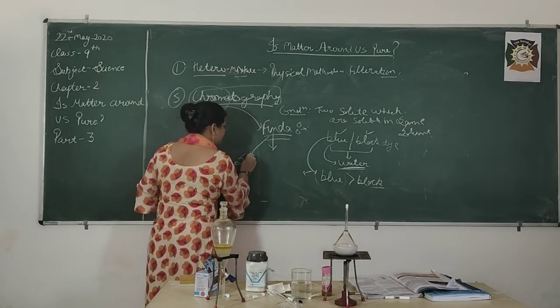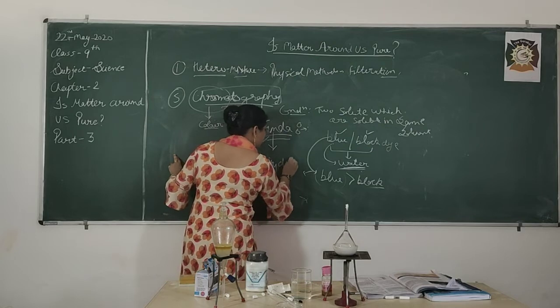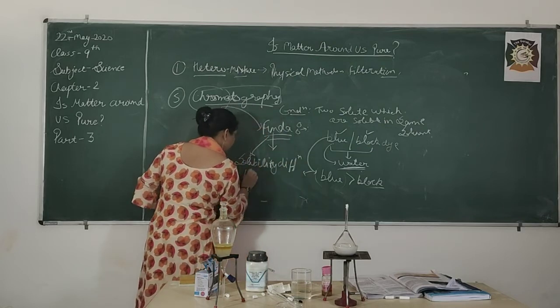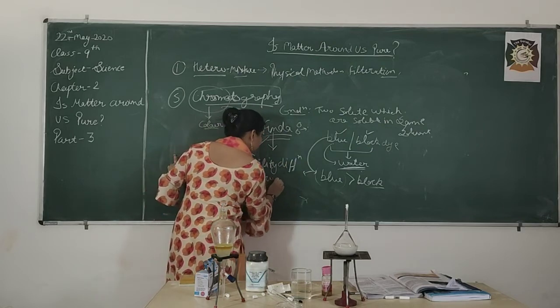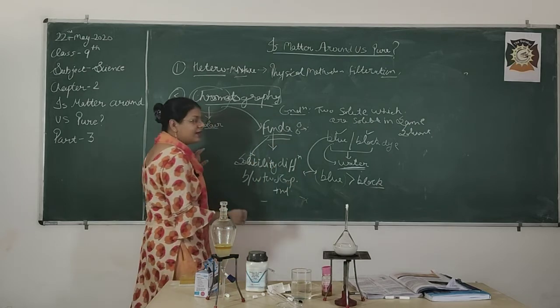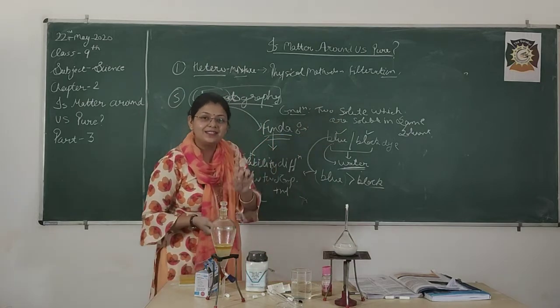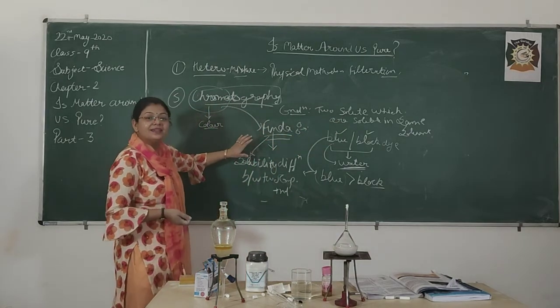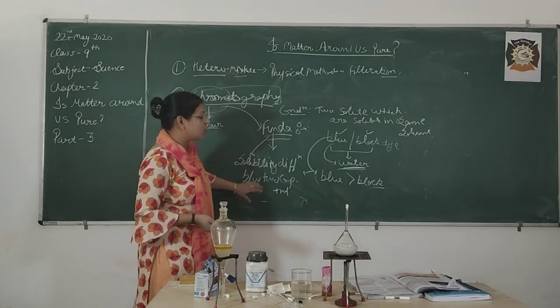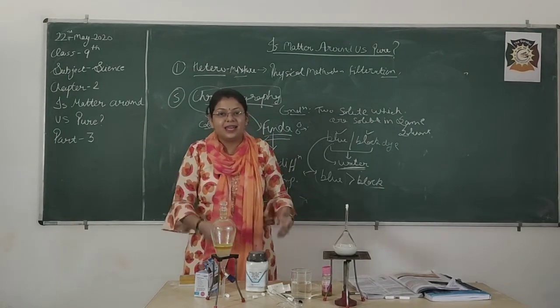Basic funda is solubility difference between the two components present. Condition: they must be soluble in the same solvent. Funda: the degree or rate of their solubility is different. One is more soluble and the other is less soluble.